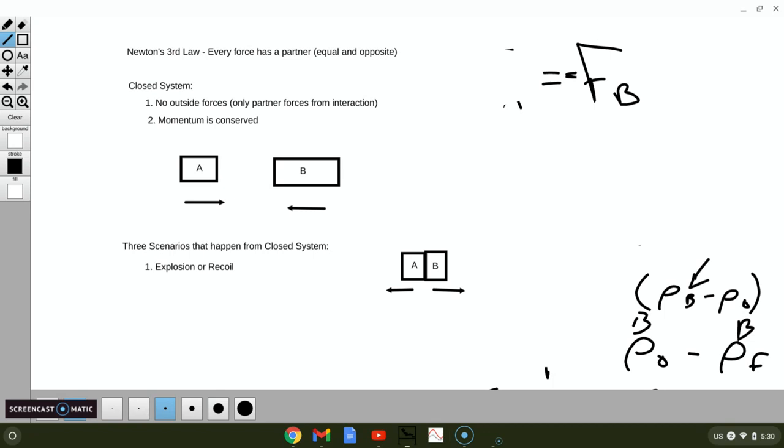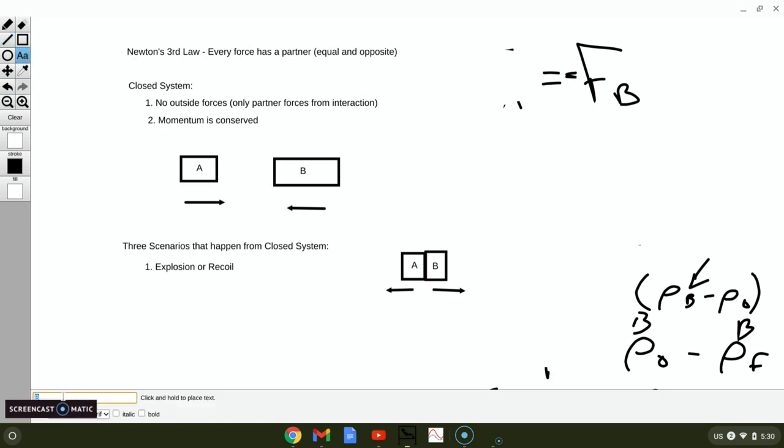Or even a hockey player on ice skates who hits a hockey puck and the hockey puck goes one way and he goes the other way. But those are just some general examples, and those are going to be situations where two things start together. Like I said, an explosion or some recoil event happens, and they move away from each other afterwards.